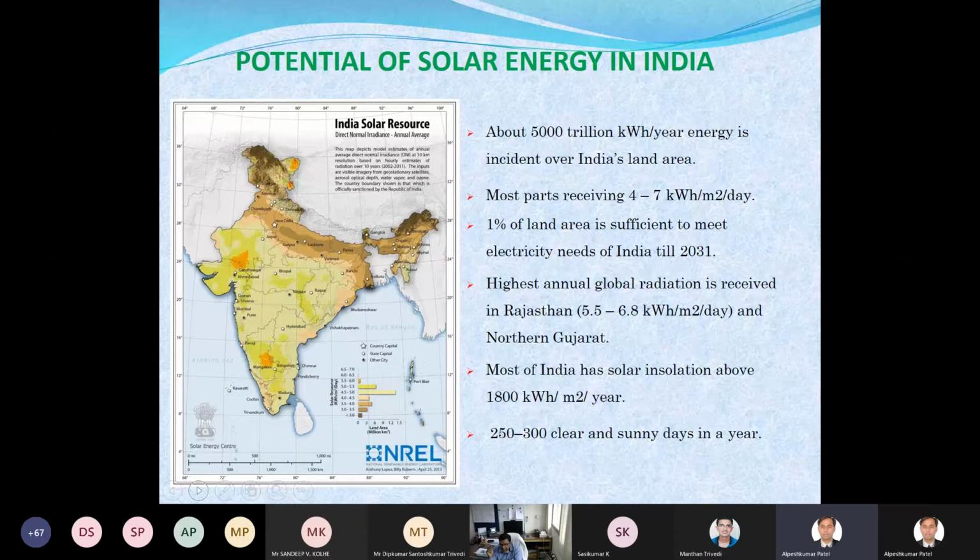So it depends on how much area you can spare to put the system, and that figure has been estimated at about 5,000 trillion kilowatt hour per year.